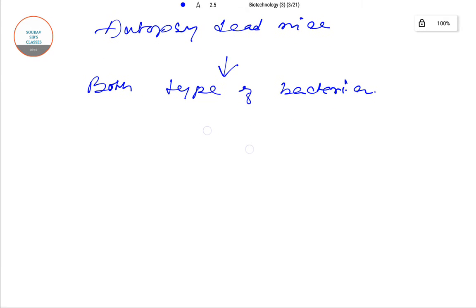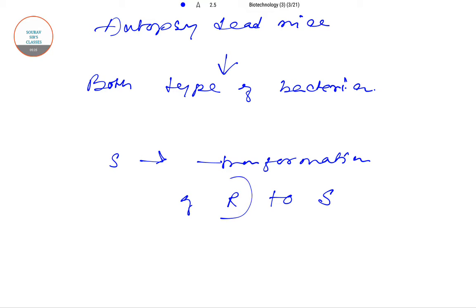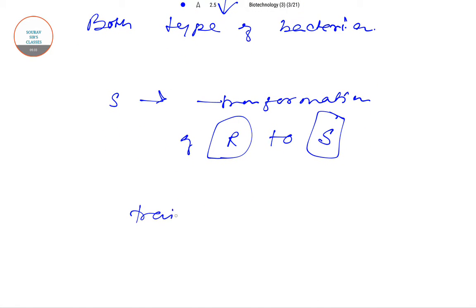The occurrence of living S type is possible only by transformation of the R type, the rough type, to the S type. This is the only possible way, where transformation occurs and picks up the virulence trait from the dead bacteria.